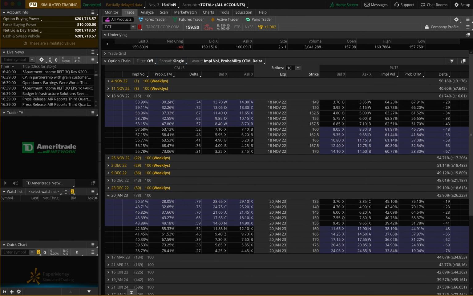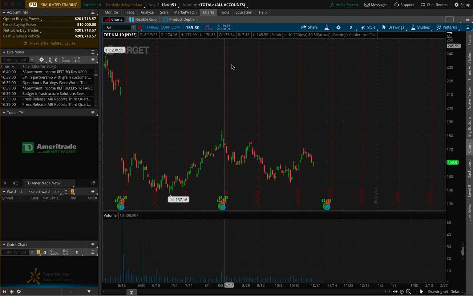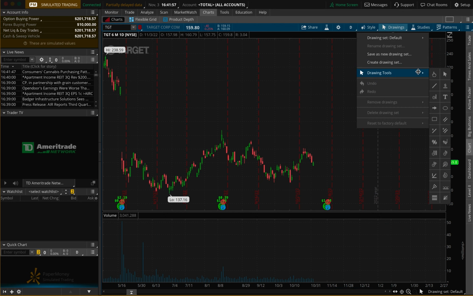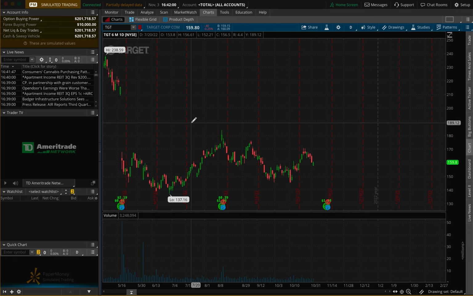And what we do is we go over here to the chart for target, and we notice that it is trading within a specific range, and we're going to do it with a channel so that it's quicker. The channel that I was looking at goes somewhere back there.